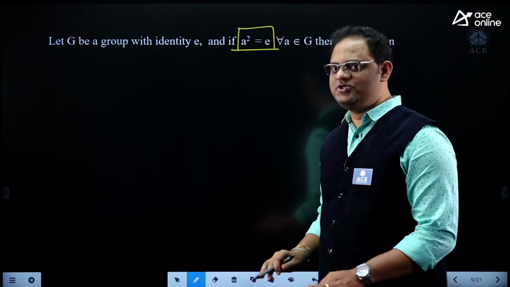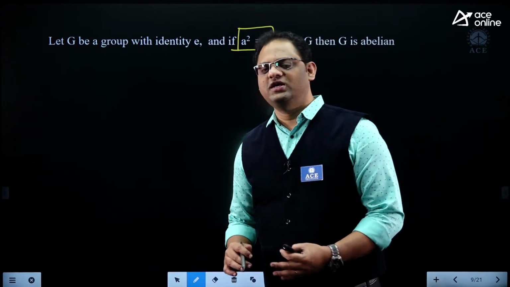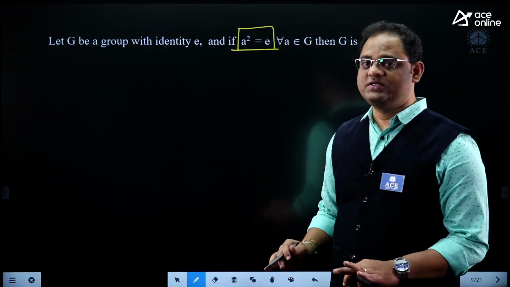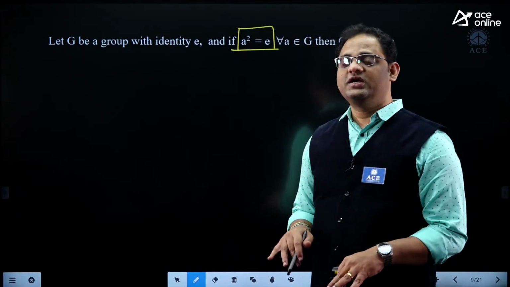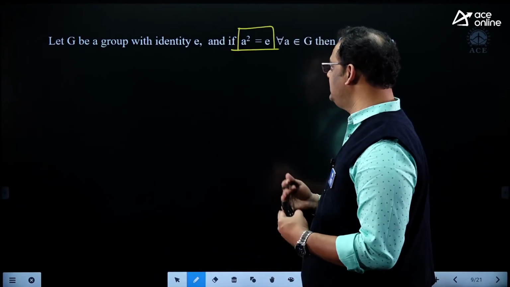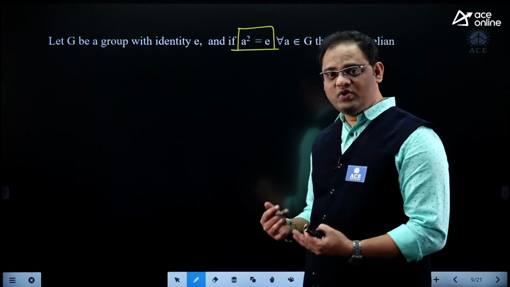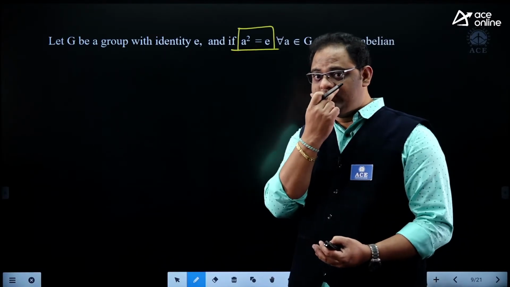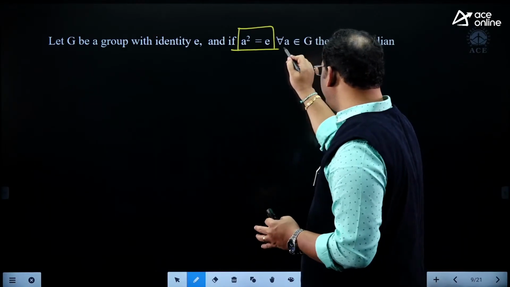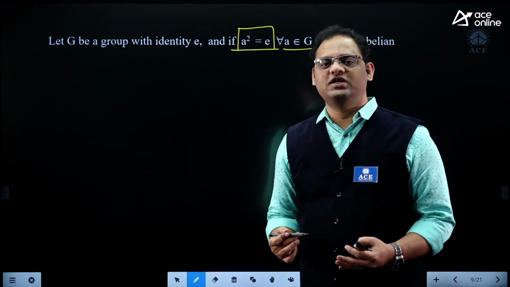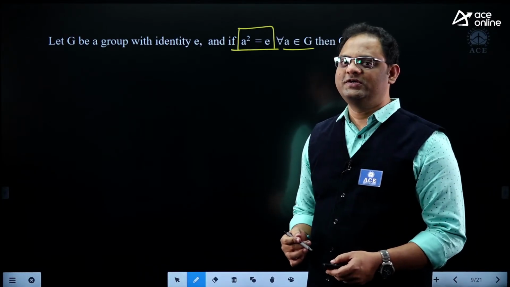G follows closure, associative, identity, inverse, all the properties. Apart from that, it follows one more condition: A square, A star A, is equal to E, for every A belonging to G.